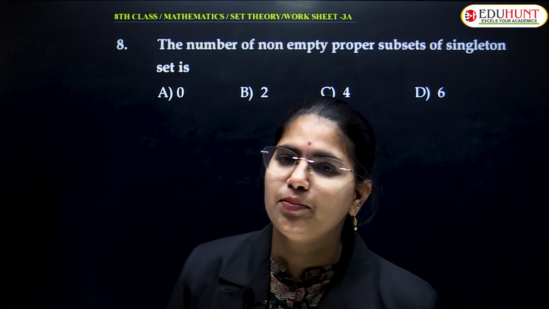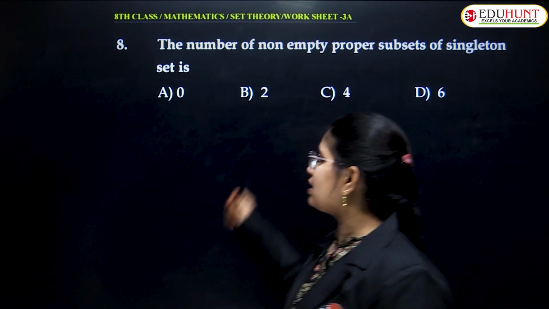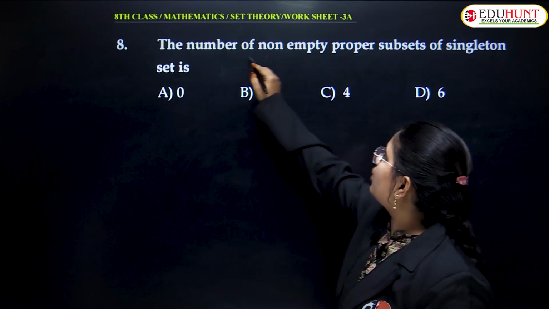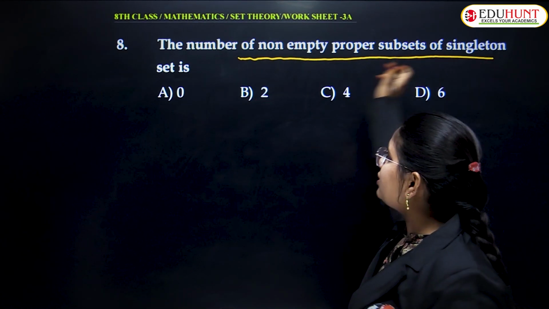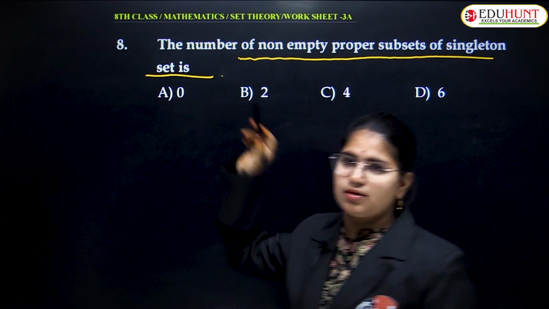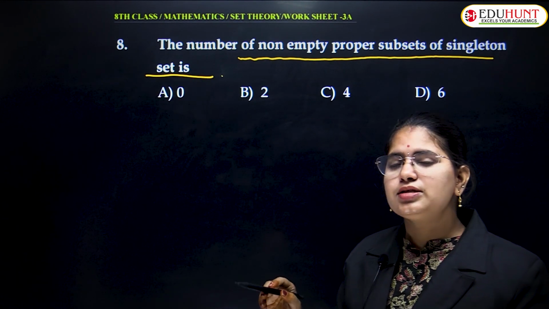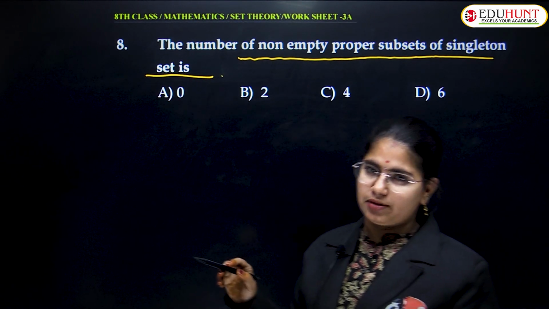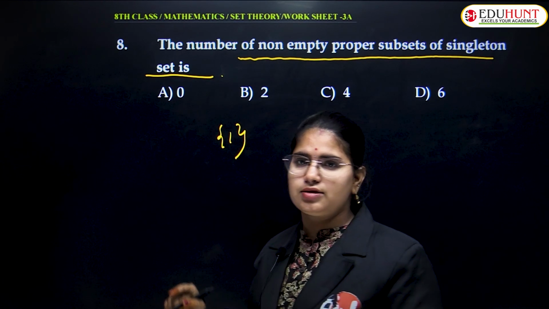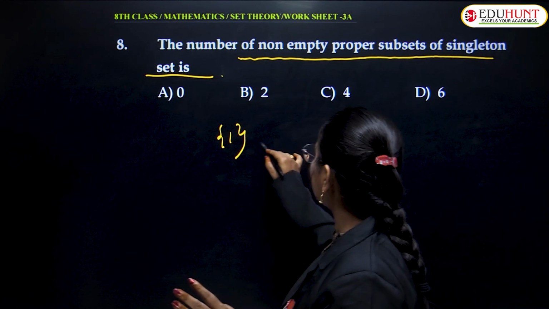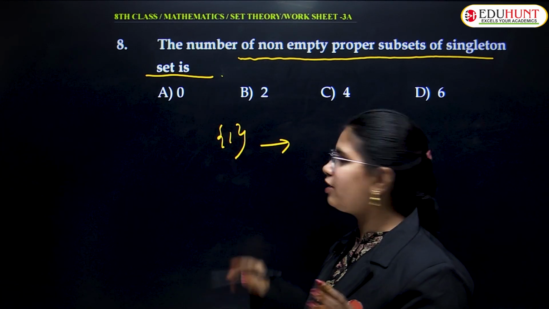Here they asked the question: the number of non-empty proper subsets of a singleton set is. Singleton set means you will have at most one element. For example, consider this is a singleton set, right? So how many subsets will there be?